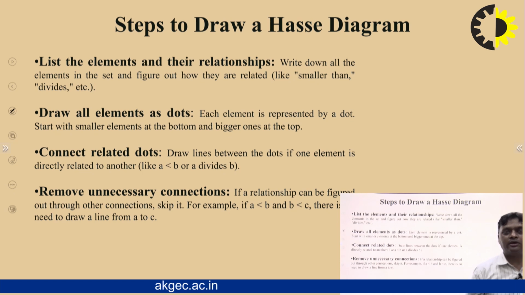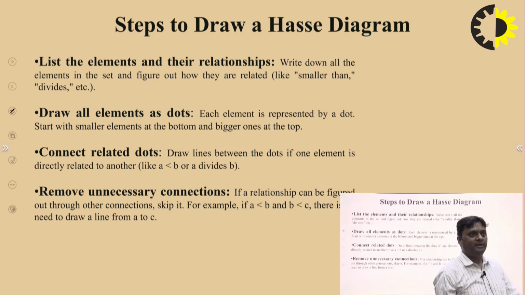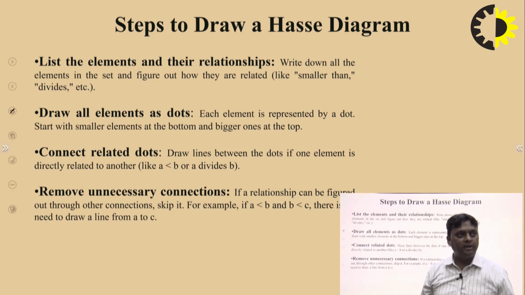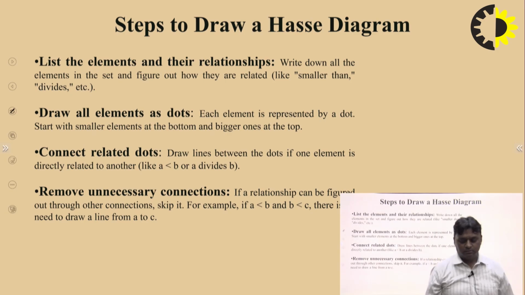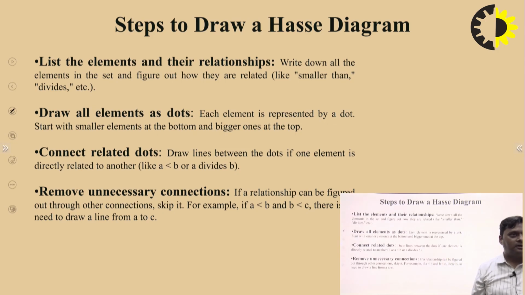First step to construct the Hasse diagram. There are 4 steps to construct a Hasse diagram. First, list the elements and their relationship. First we find out the elements for which we construct the Hasse diagram.